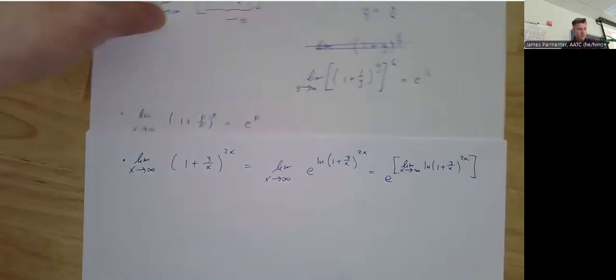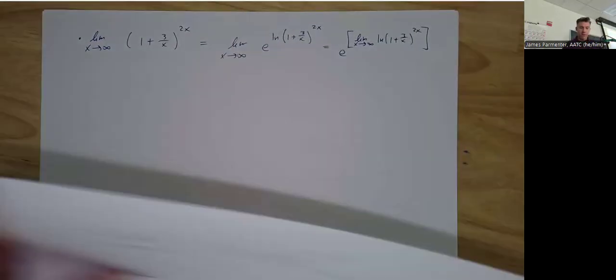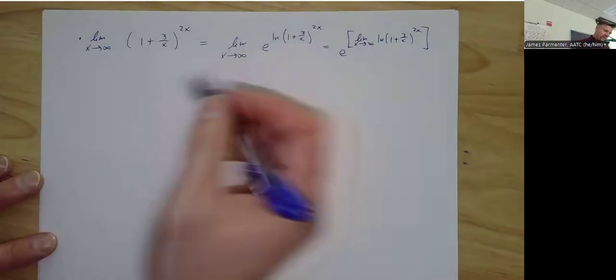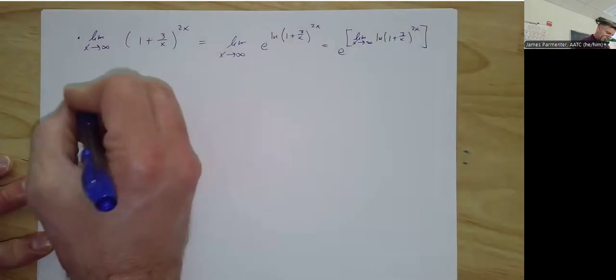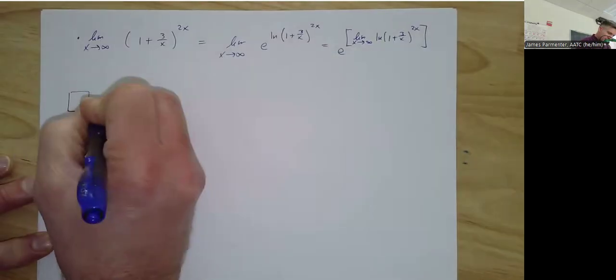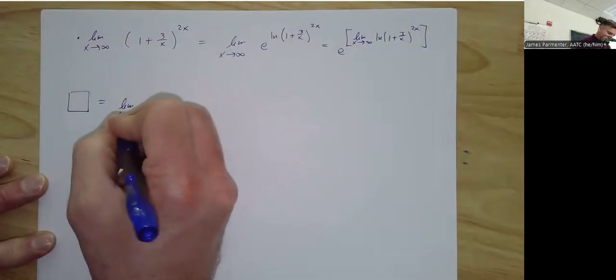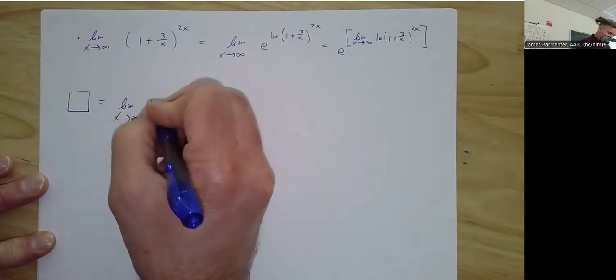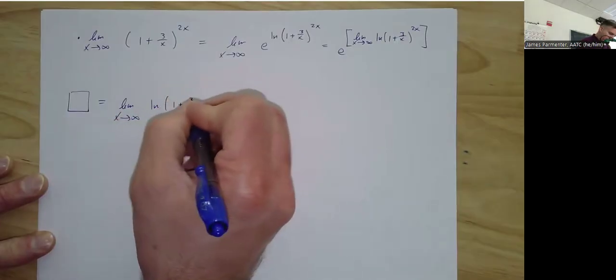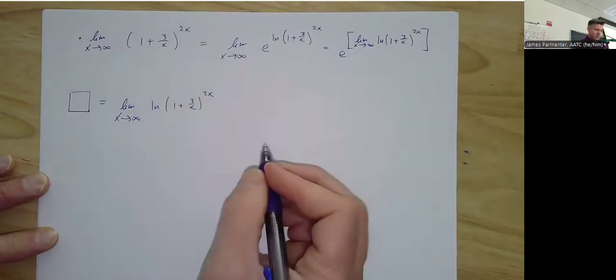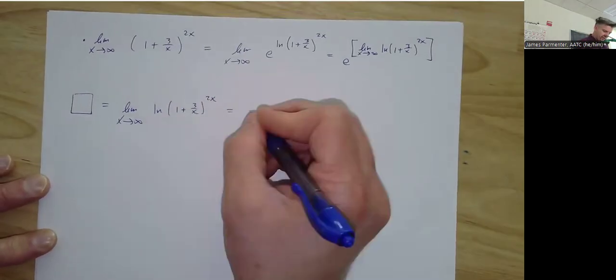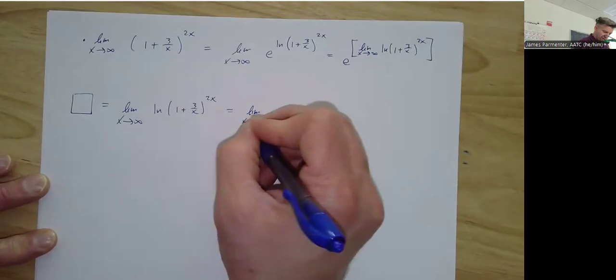And then same stuff we did before. We're just looking at the boxed part. So it's going to be the limit as x goes to infinity of the natural log of (1 plus 3 over x) to the 2x power. The 2x comes down in front. I feel like you can skip this intermediate step sometimes.